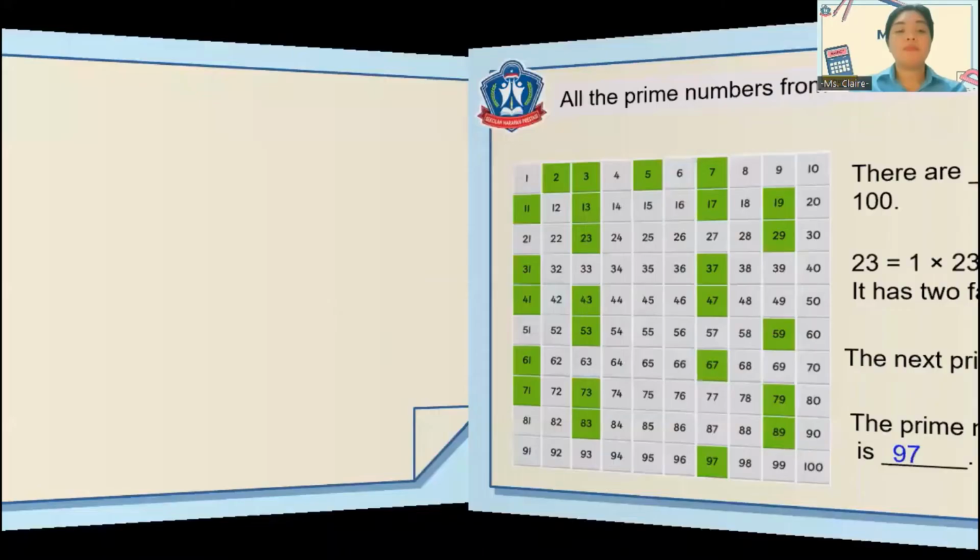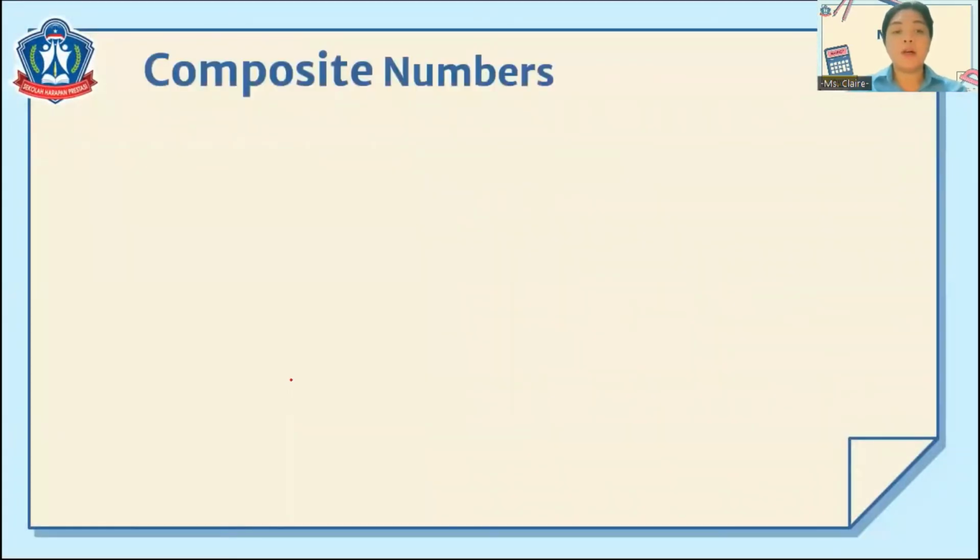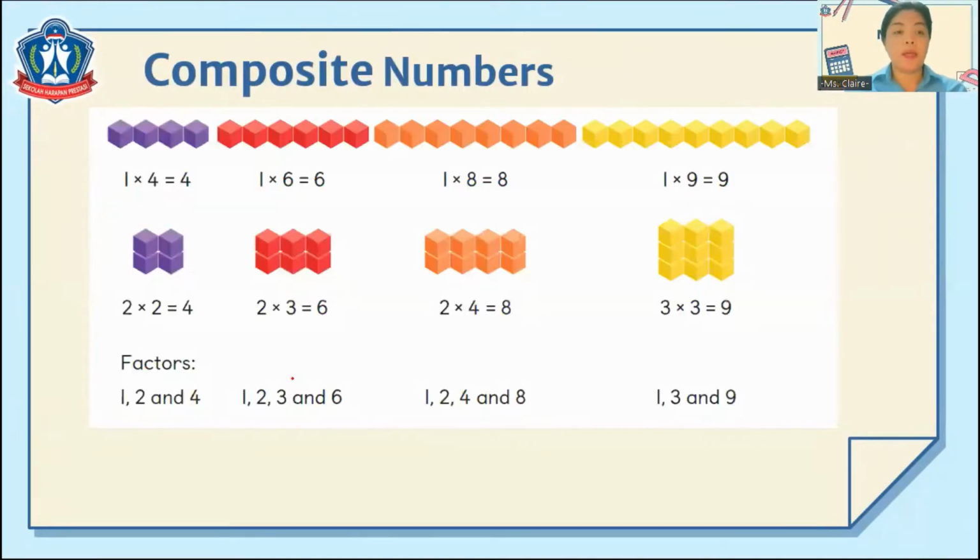Okay. Now, let's study what composite numbers are. Take a look here. Let's find the factors of these numbers. Number 4 has factors of 1 and 4, and also 2 and 2.